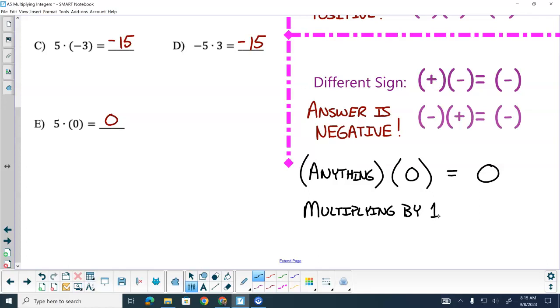On the top row, pick any number, put your finger on a number, and go 1 row down, because then that's multiplying by 1. What do you notice? It's the same thing, right? So multiplying by 1 doesn't change the number.